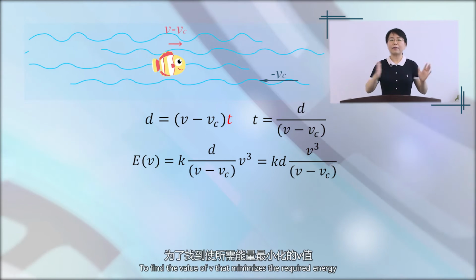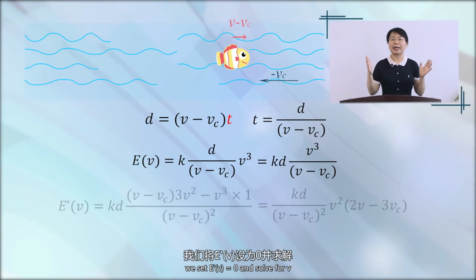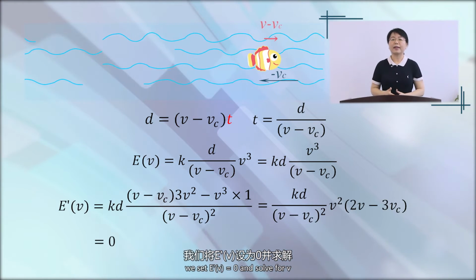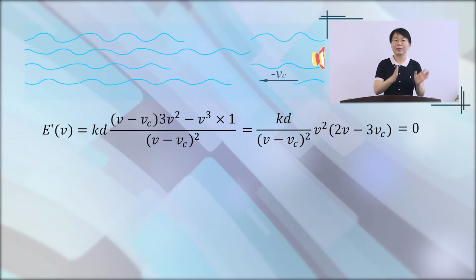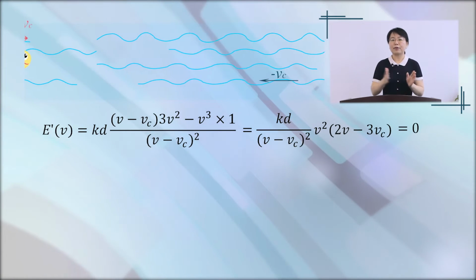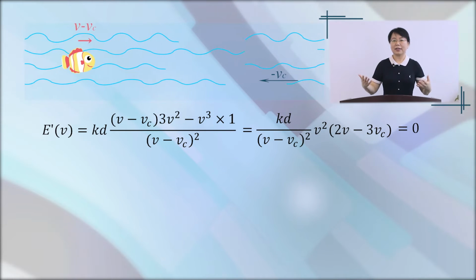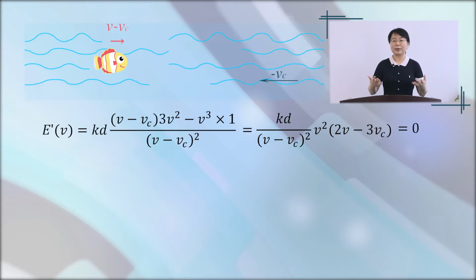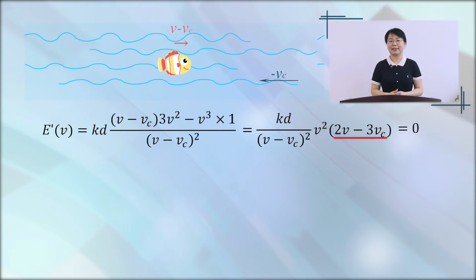To find the value of v that minimizes the required energy, we set E prime v as 0 and solve for v. We find the derivative like this. There are some factors, but the only factor we need to discuss is 2v minus 3 v sub c.